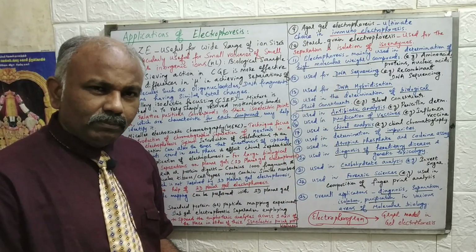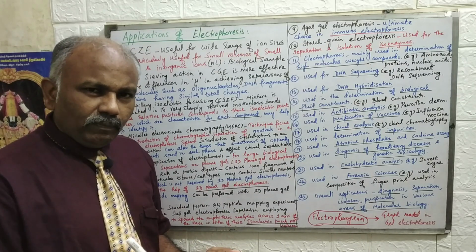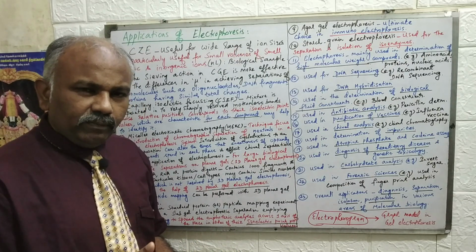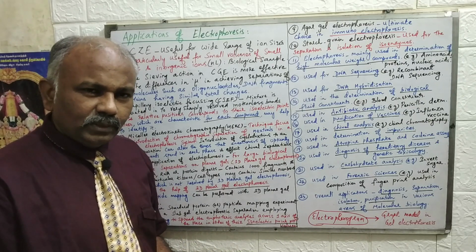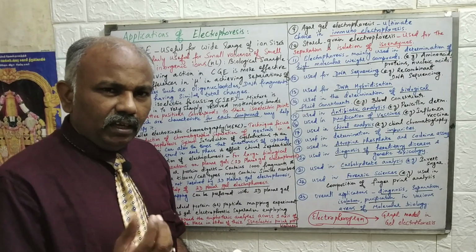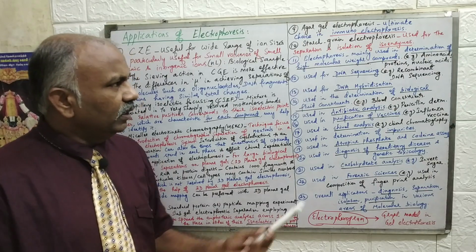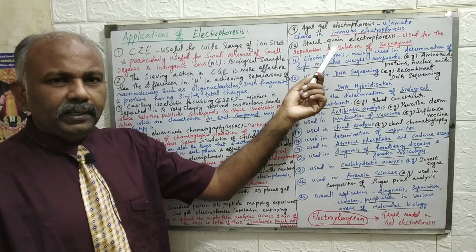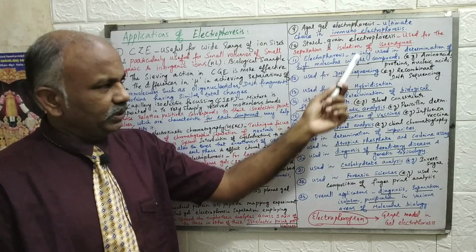Isoenzymes are the multiple forms of the enzymes. In different tissues, they perform a similar function. For example, CPK1, CPK2, CPK3 are different isoenzymes of creatine phosphokinase, right? CPK2 is present in the heart, which is an important biomarker for myocardial infarction. So if you want to separate and isolate particular isoenzymes, the method is starch grain electrophoresis.